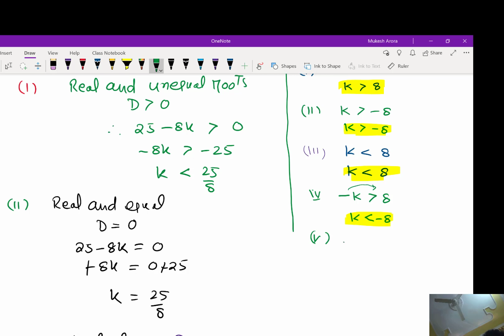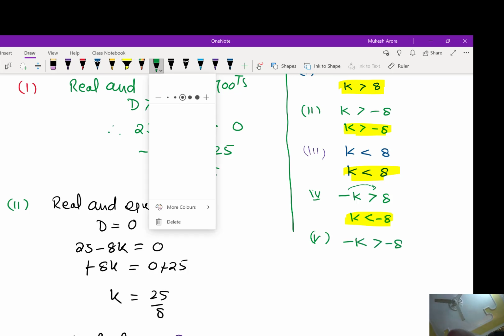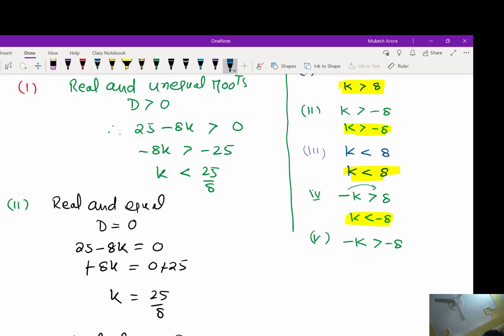Fifth, if minus k is greater than minus 8, again it will be k is less than 8, because the minus is with the subject. This cannot be cancelled. When it moves to the other side, then sign will be changed.